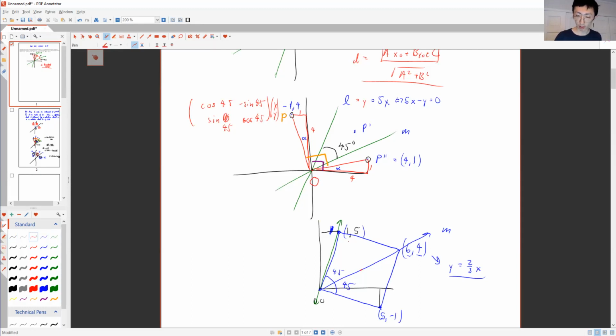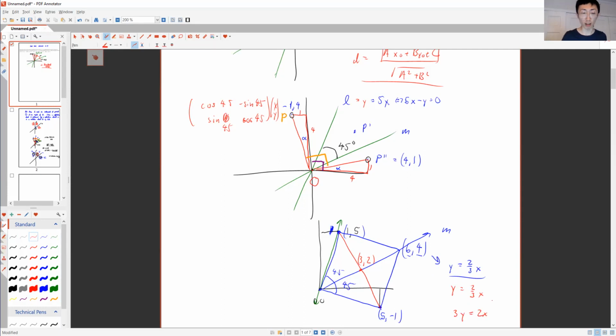Another way to see it is that it passes through the center, which is the midpoint of these two, and that would be 3, 2, which is also y equals 2/3 x. So we get our answer of 3y equals 2x.